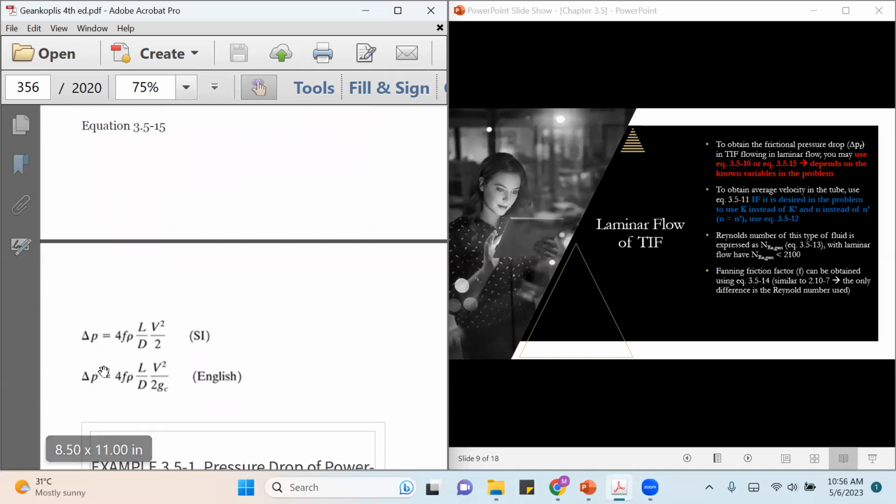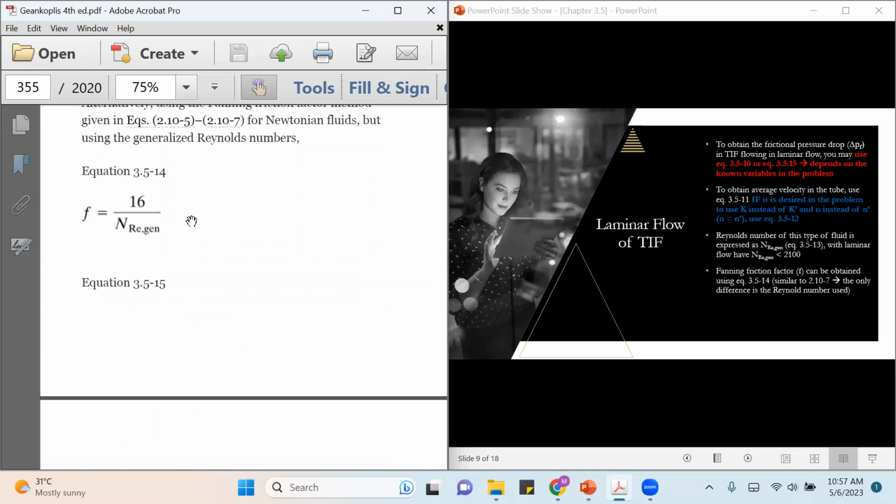If you still remember, it's similar to what we've learned in chapter 2. The Fanning friction factor, the small f, can be found using this equation of 15.